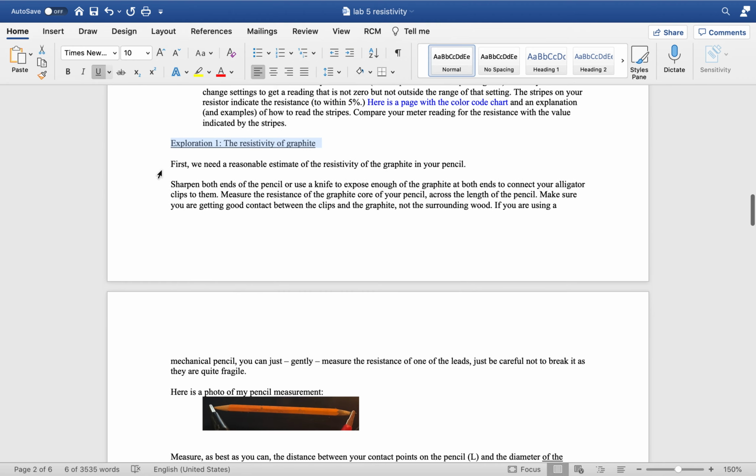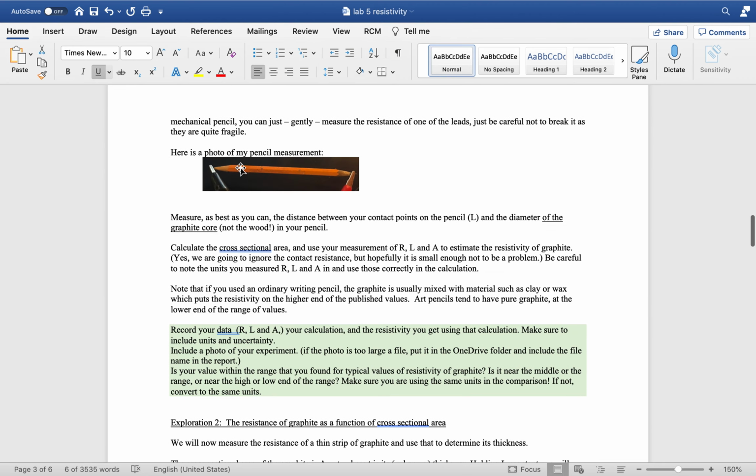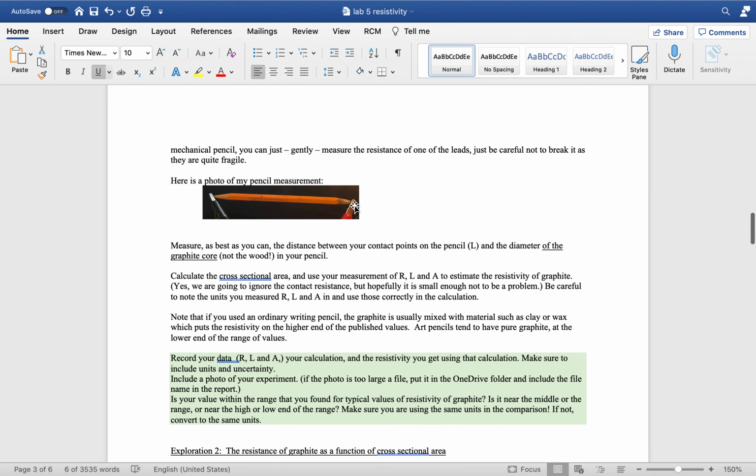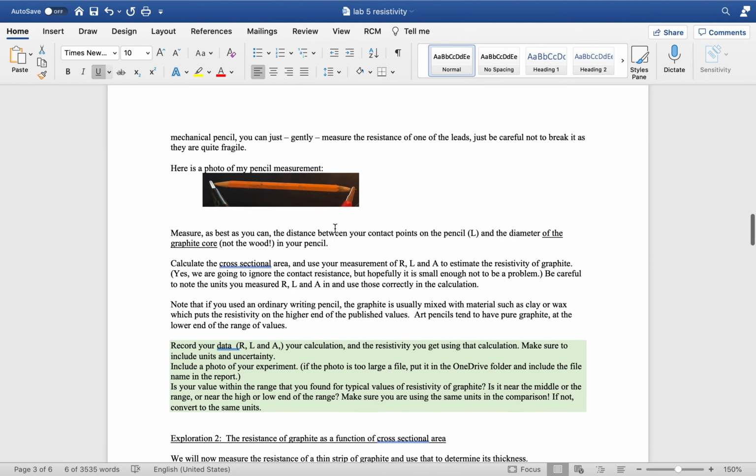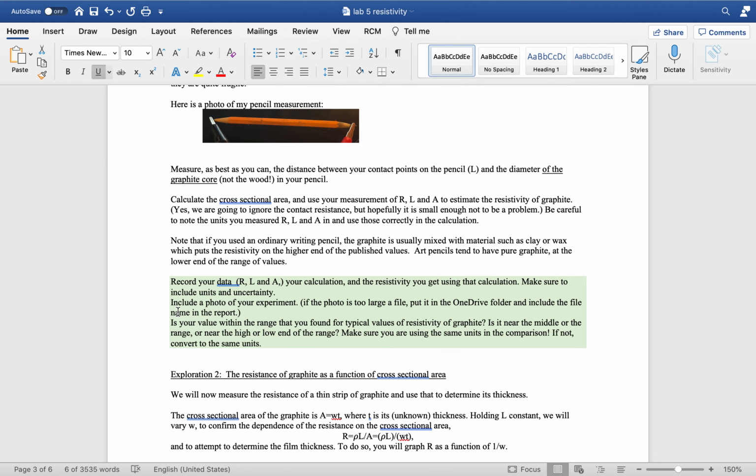For this part, they're going to use a pencil and try to find the resistance of that graphite, not the wooden part, but the graphite core. And then using the equation, they are supposed to calculate the resistivity.